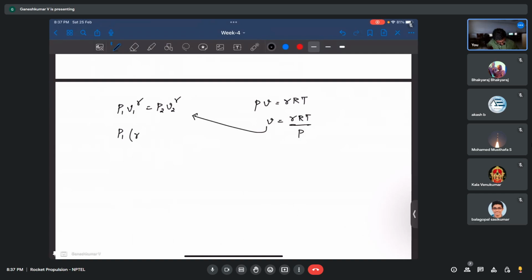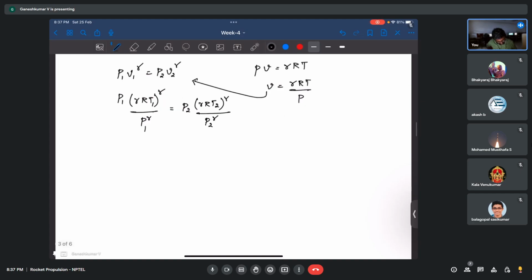So here it will be 1 1. Basically, gamma RT is constant for this process. Isn't this gets cancelled? By P1 power gamma into T equal to P2 by P2 power gamma.